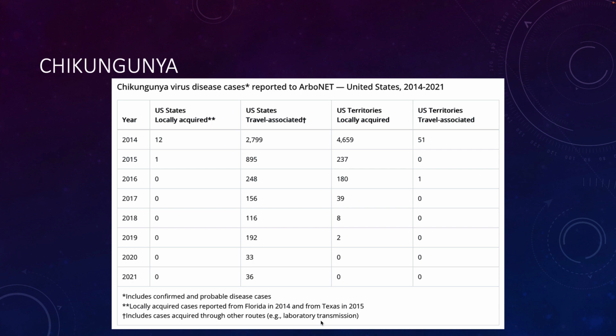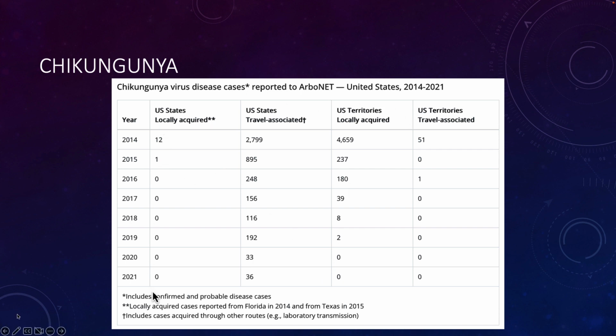What that means is that thousands of people traveled outside of the country and got chikungunya in another country. But when some of them came back, there were 12 people in Florida and 1 person in Texas who were then bitten by a mosquito that had fed on one of those travelers. So they hadn't left the country, they just got it because it was circulating in the mosquito population.